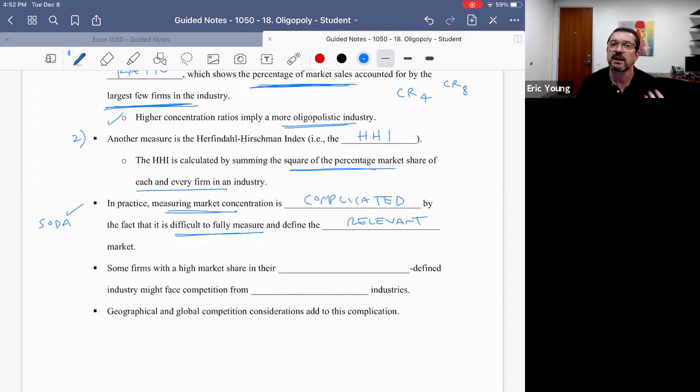You have to bear those things in mind because we know that people look for substitutes, both real and potential. What this implies is that some firms with high market share in what we're going to call their narrowly defined industry might face some competition from non-traditional but related industries.